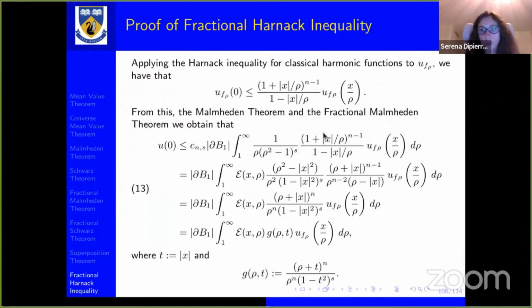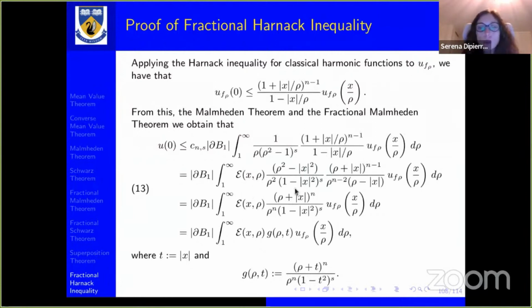So I'm using the superposition, the fact that I can write an s-harmonic function as a superposition of harmonic functions in the first line, and the classical Harnack inequality. And then it's a matter of manipulating this object a bit, because I want to isolate the kernel at x and rho. So I will multiply and divide by objects that allow me to isolate the kernel.